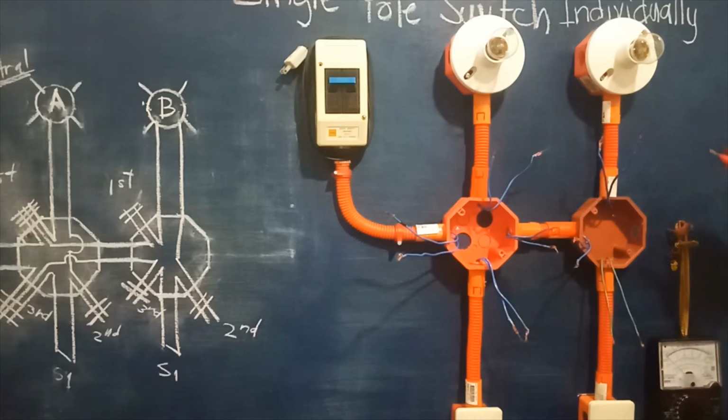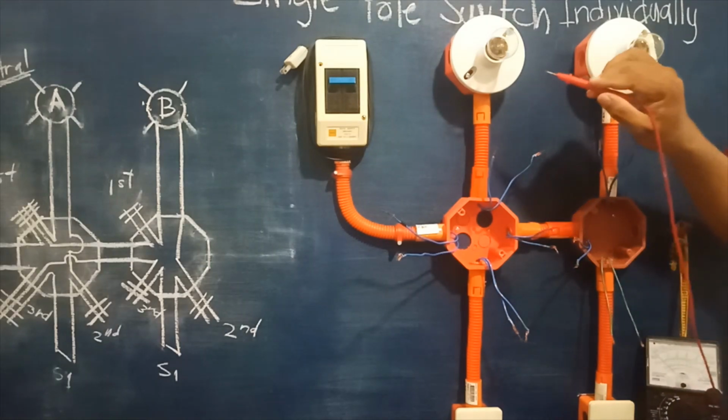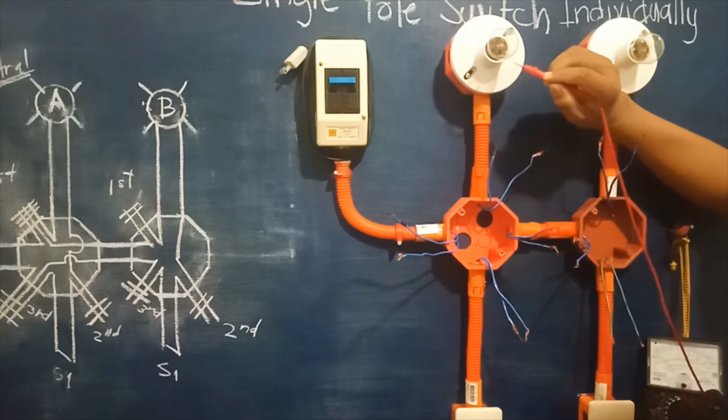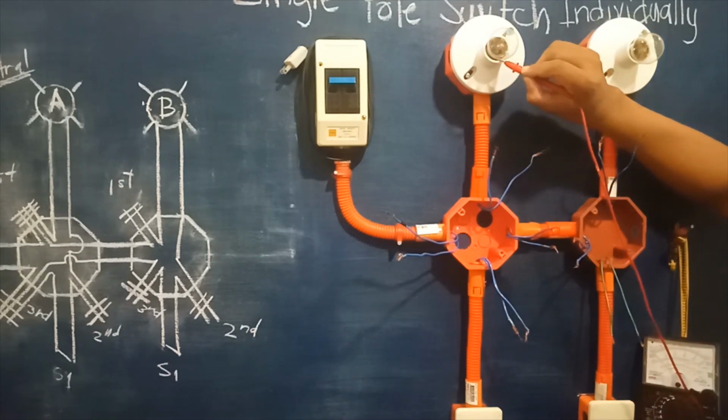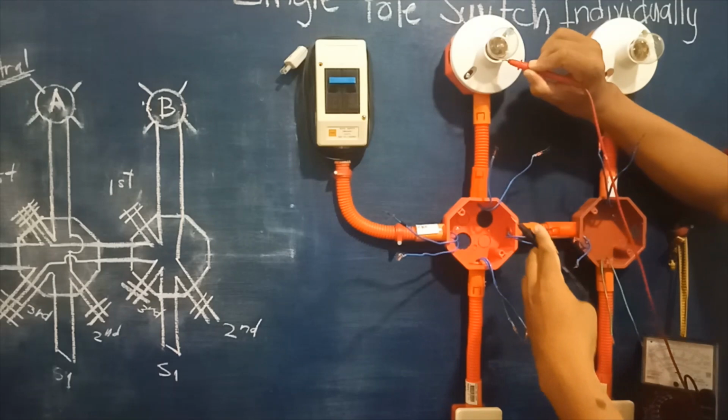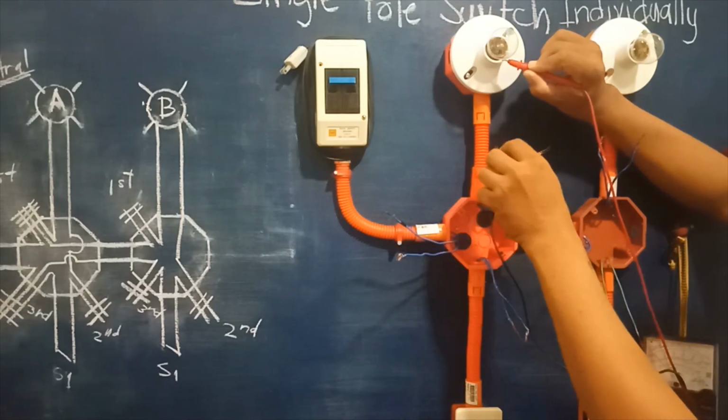So in testing for the neutral connections for our bulb, all you have to do is to put the test probe into our bulb side right here in the shell of the bulb. Then we will look for the continuity, this one.